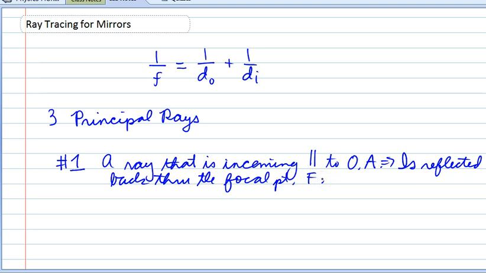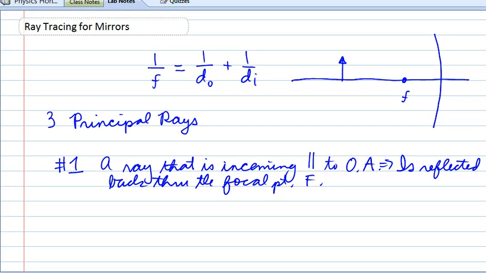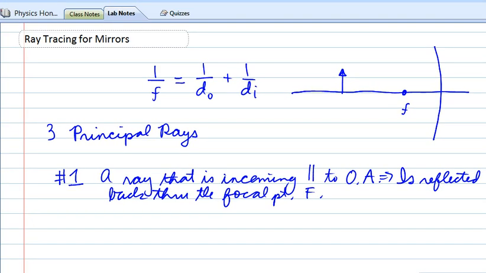And let's just do this very quickly for a concave mirror. So here's my concave mirror, and so what I have to do is to basically label where my focal point is. Okay, and I have an image perhaps out here, and to try to be a little bit more accurate, we're going to move the picture a bit so that I can access my rays.